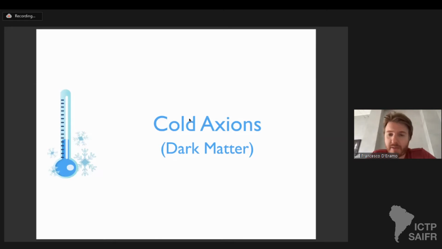So it's a symmetry of the Lagrangian. The path integral is the integral over all the field configurations of e to the i S, where S is the integral of the Lagrangian. The Lagrangian is invariant, but the integration measure is not. Or you can write down the current associated to the classical symmetry and compute its divergence at the one loop level, and you find that it is non-vanishing.